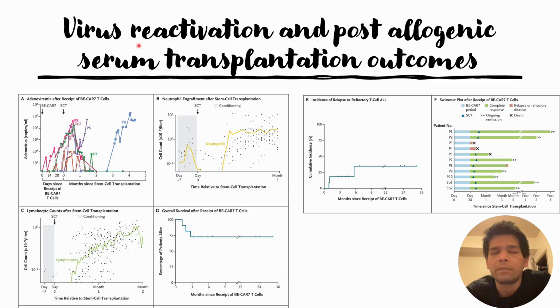So at that point of time, the immune system of the patient is very weak, and it can get infected by any kind of viruses. One of the important parameters that the researchers also monitored during this clinical trial is the virus reactivations.